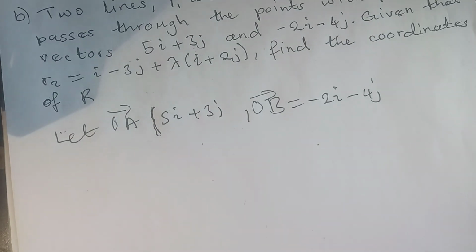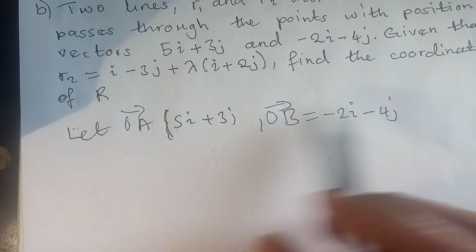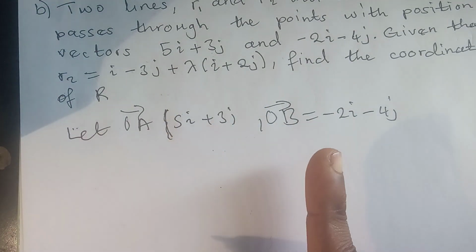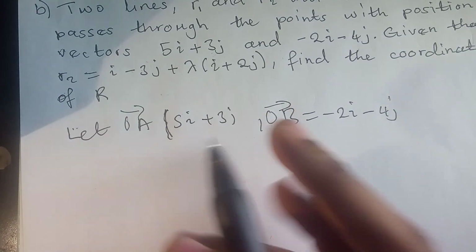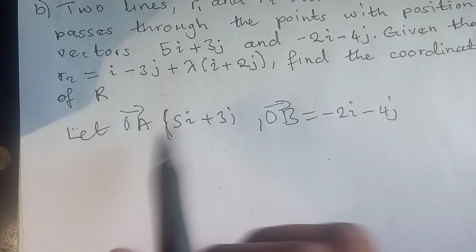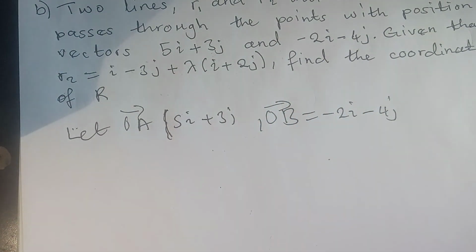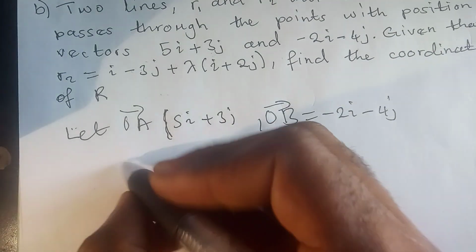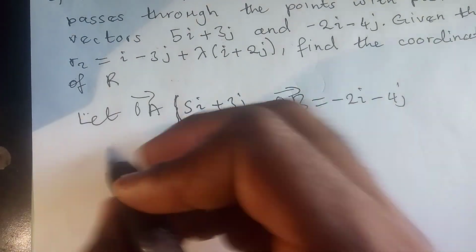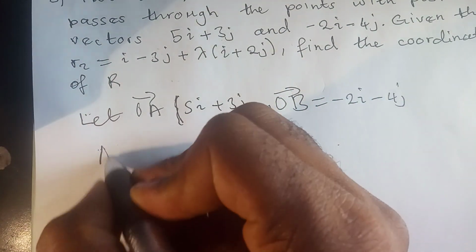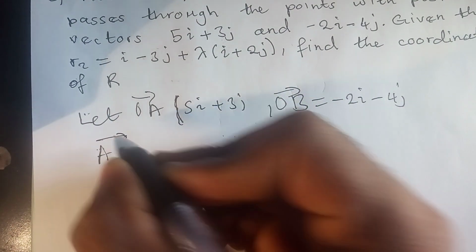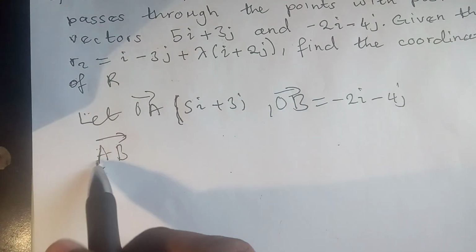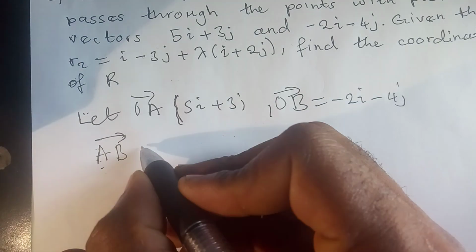So now we can find the direction vector. Remember, to find the equation of this, you need the direction and one of the 2 points, or any of the points which lies on that line. So let's start by finding the direction vector, the vector in the direction of AB.